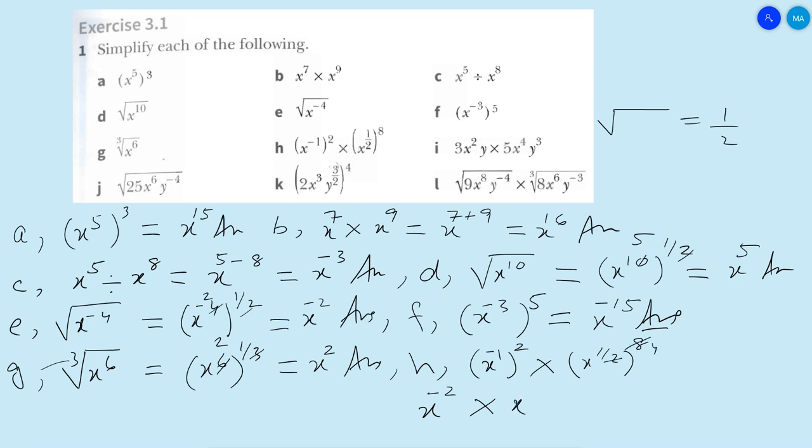So x to the power 4, and bases are the same, then powers should be added: minus 2 plus 4, which is 2. So the final answer is x square. Okay students, so these are from part A to part H.